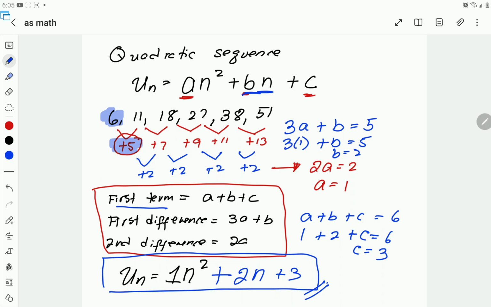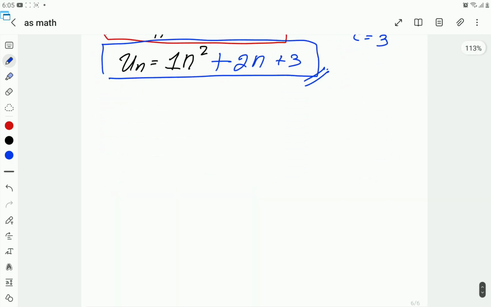If you see a problem, you just try to check what kind of sequence it is. Is it an arithmetic sequence? Is it a quadratic sequence? There is also what we call a geometric sequence, but it's not included yet in your book. Next time we're going to learn this one as well.